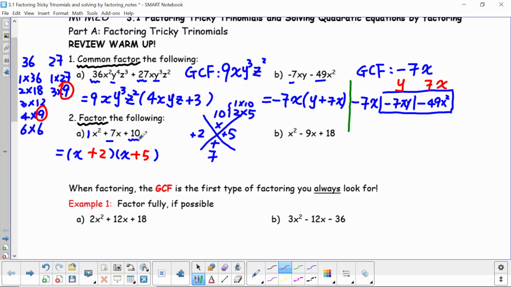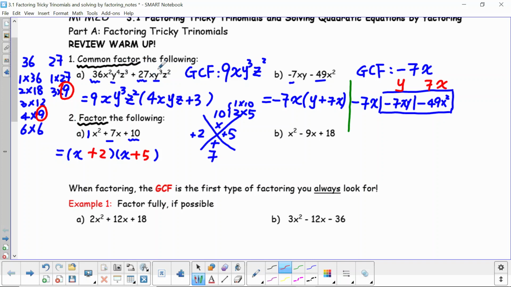So after we check there is no common factor, then we try the 3 terms x game. So always try common factoring first. Then after that, if you have 3 terms, then x game. This one, you see you have 2 terms, so it's not the x game. So that's the reason how you can tell.